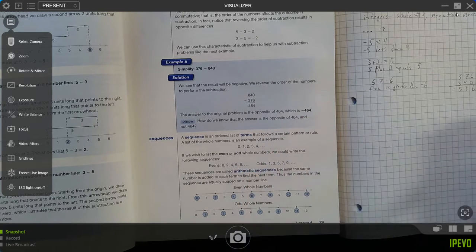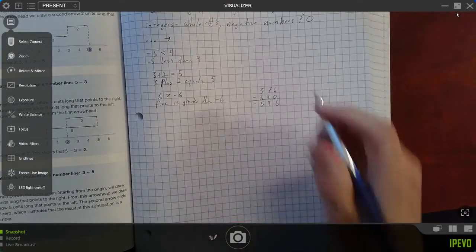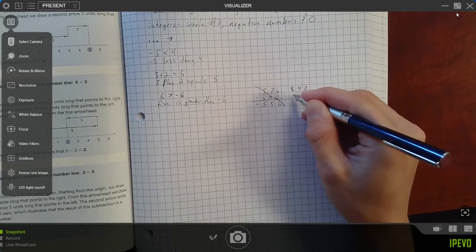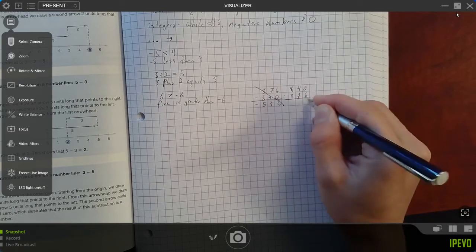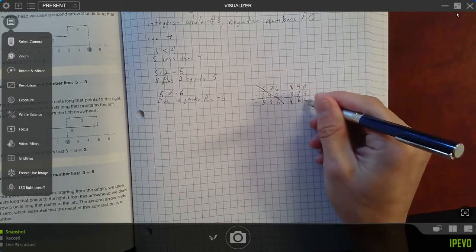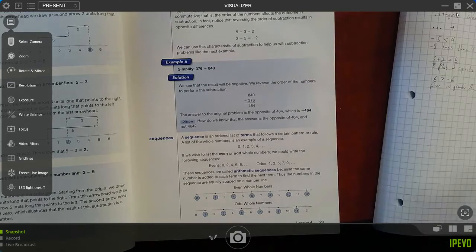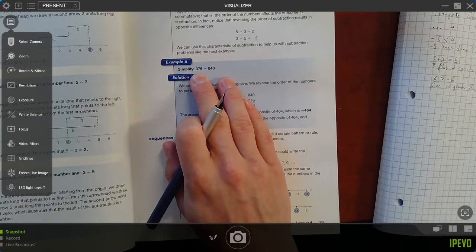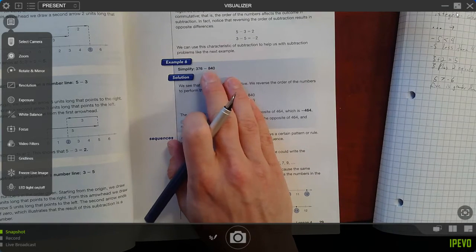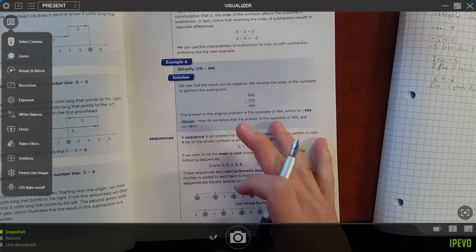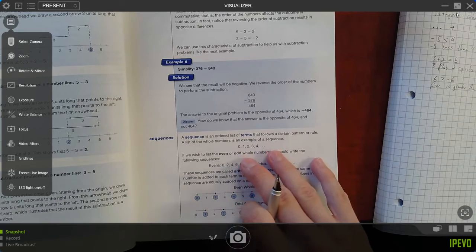So when we actually do this, it's 840 minus 376, which was what, 464? But it's negative. And we know it's negative because just looking at 376 and 840, I know that 840 is bigger than 376. So I know ahead of time that I will have to have a negative number.